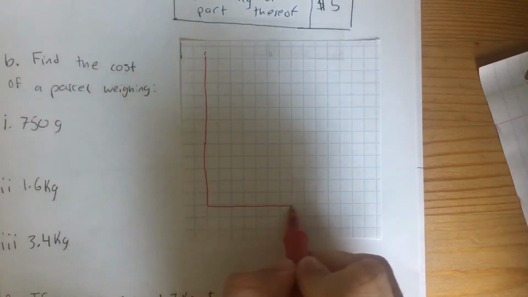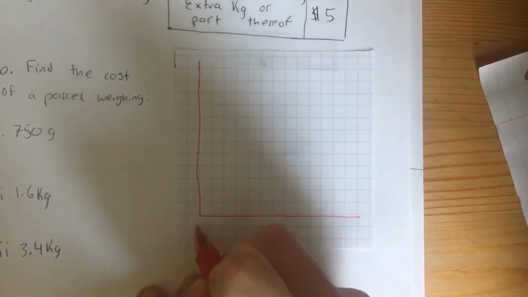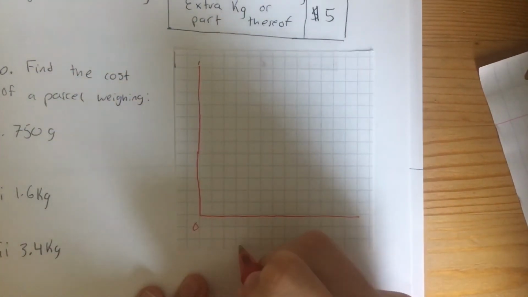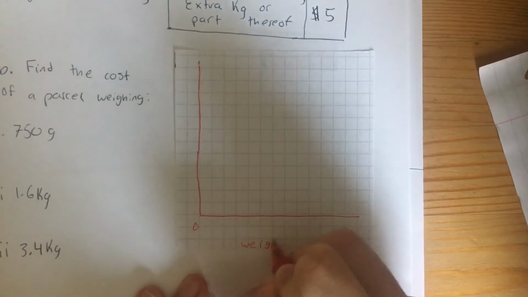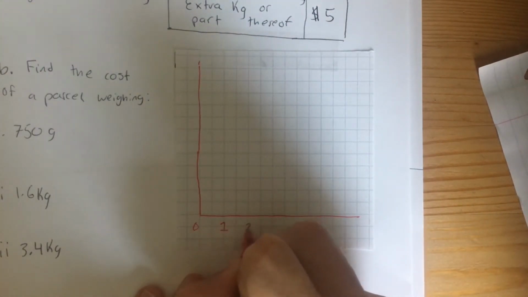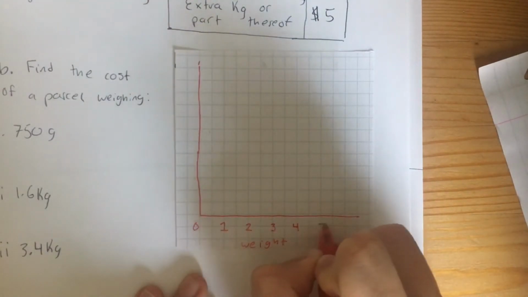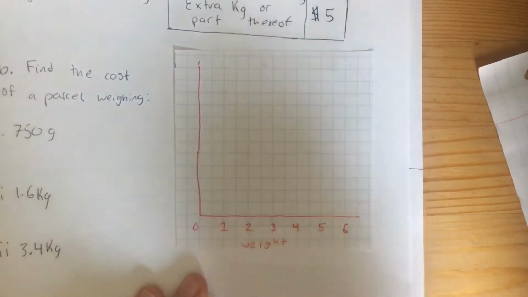So let's see. The weight is our x-axis here, so we'll start it at 0. So we'll go 1, 2, 3, 4, 5, and 6.